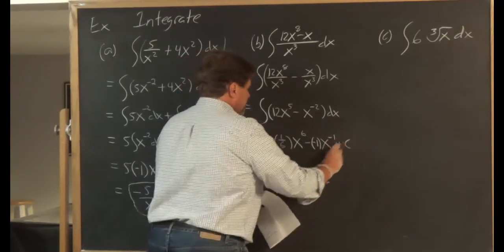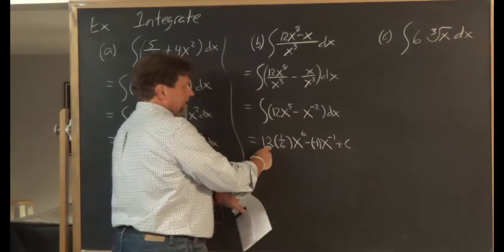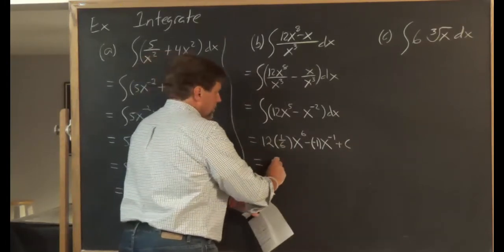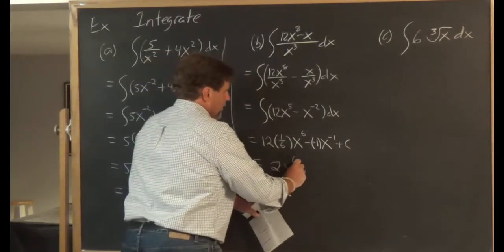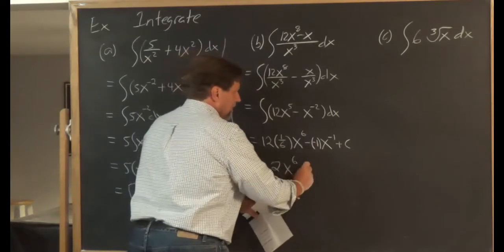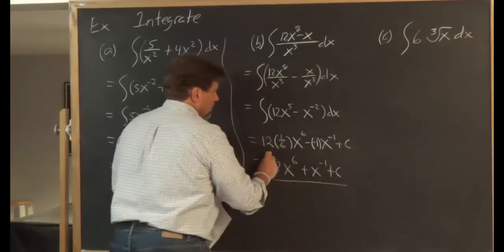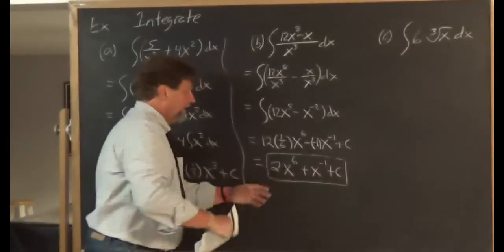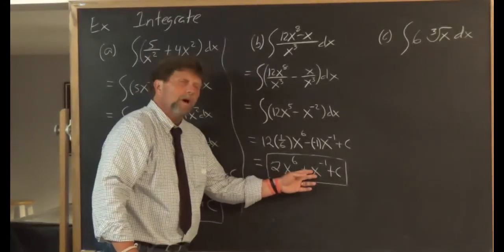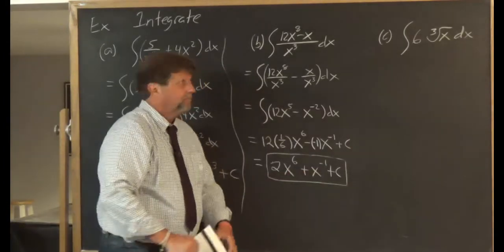Don't forget the plus c. And then I would finally say, well, 12 times 1/6 is 2, so I have a 2x to the 6th minus a negative is plus. Or I could write it as 2x to the 6th plus 1 over x plus c.